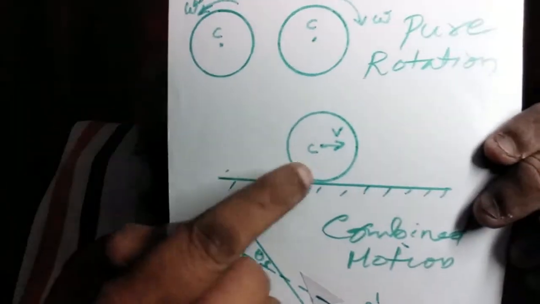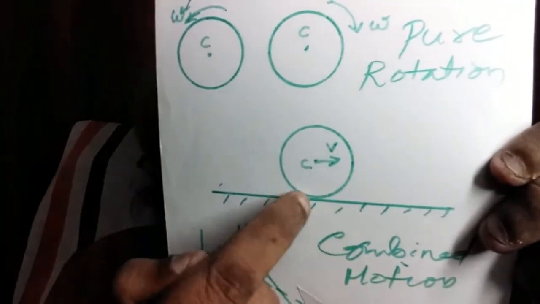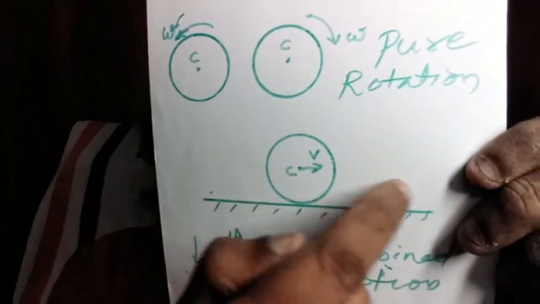But as it moves, the circular disc rotates, and it moves forward rotating itself. So here the two motions are combined: translation of the center of mass and rotation of the rest of the particles. So this is plane general motion, or combination of translation and rotation.